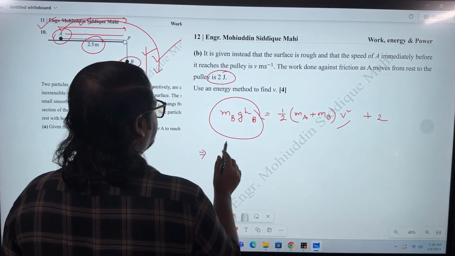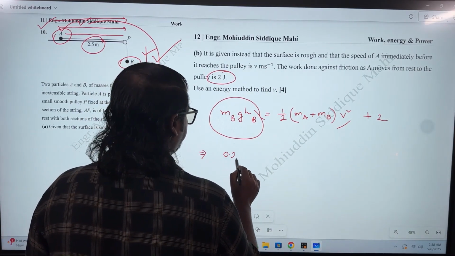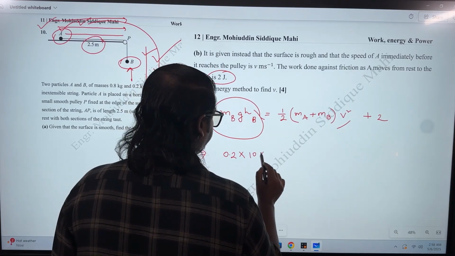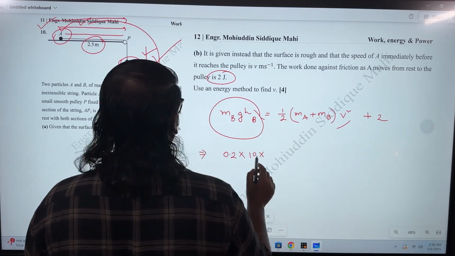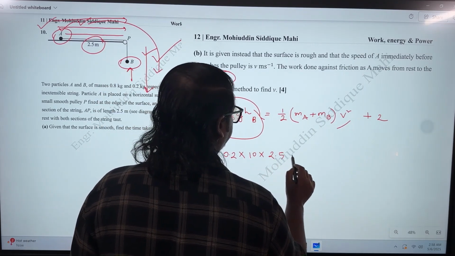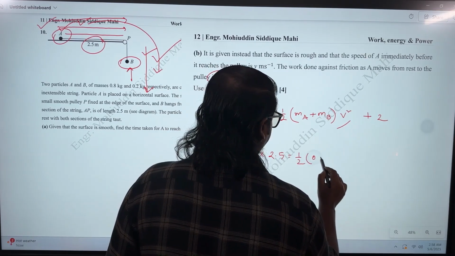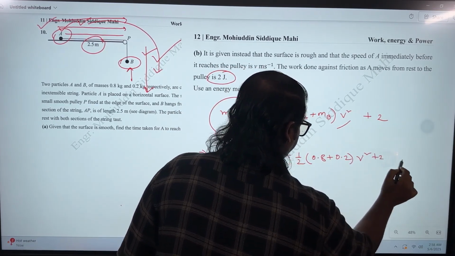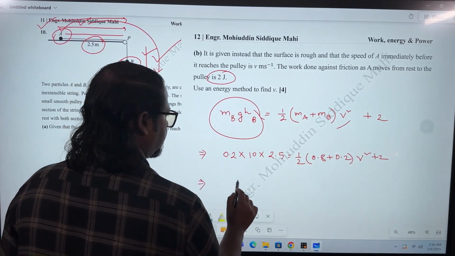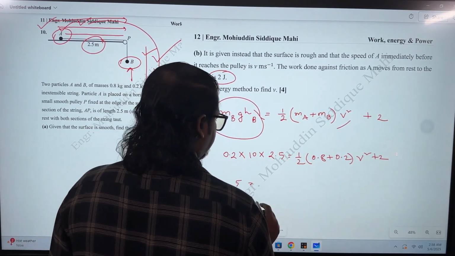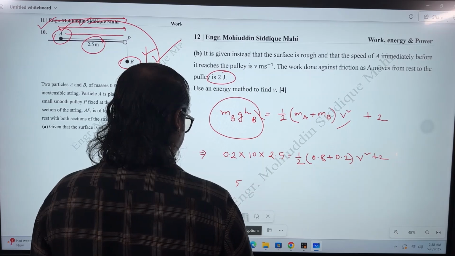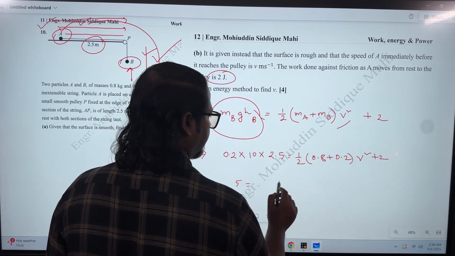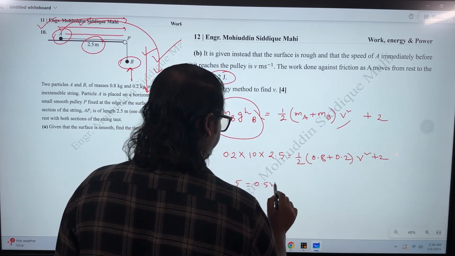Now let's put the values. Mass of B is 0.2, h is 2.5 meter. So it's going to be 5, 0.5 v square.